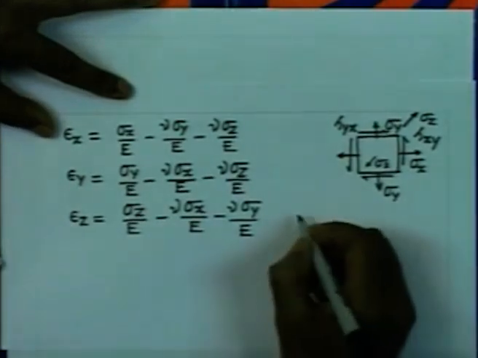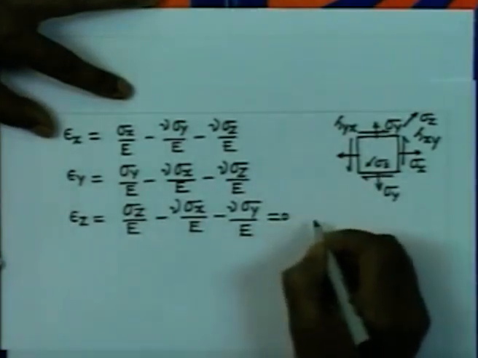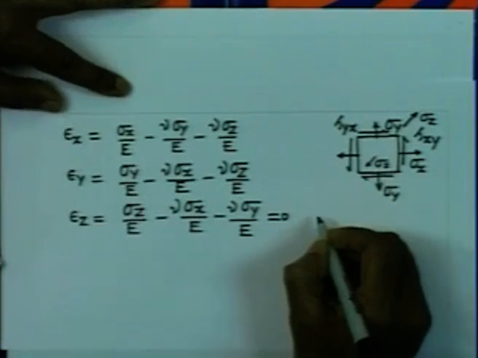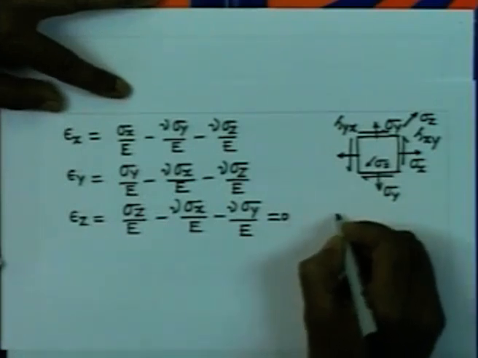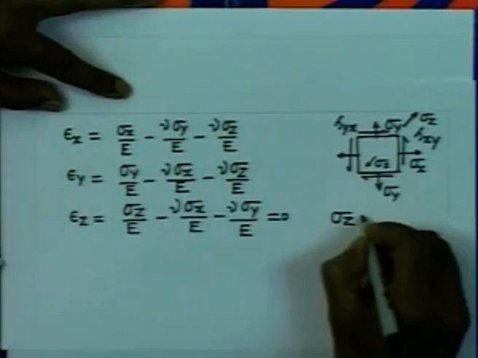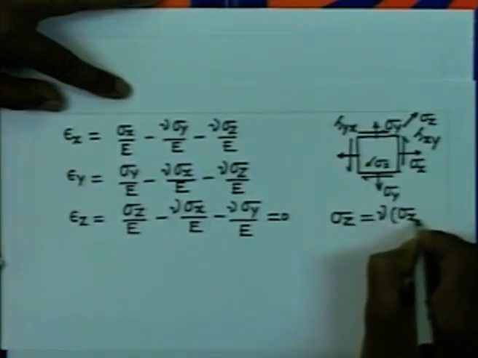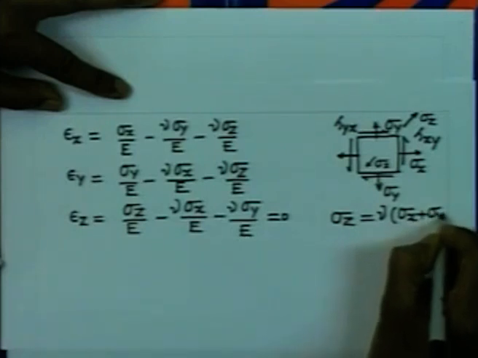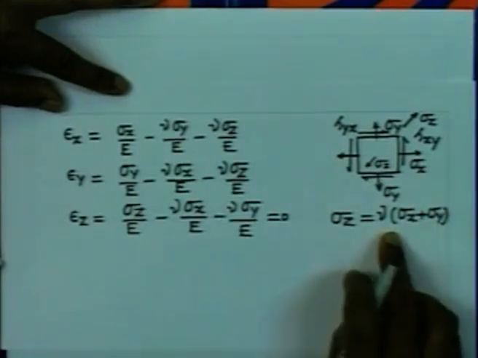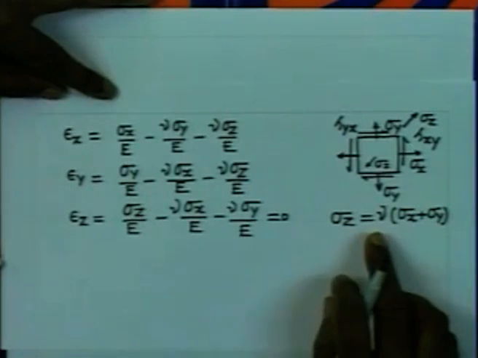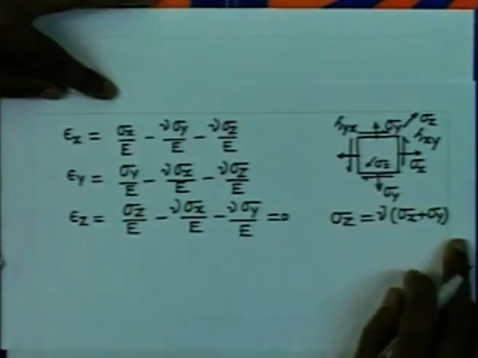And since we have epsilon z equal to 0 for plane strain condition, this gives us sigma z is equal to nu times sigma x plus sigma y. So, in a plane strain state, sigma z stress is related to sigma x and sigma y.